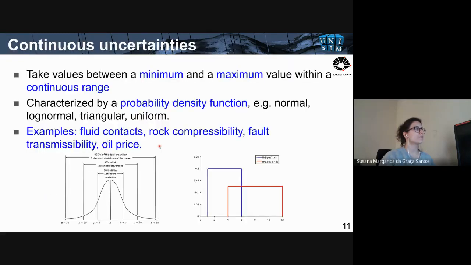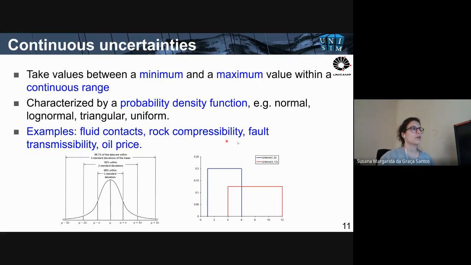So when you talk about continuous uncertainties, this means that they can take values between a minimum and a maximum within a continuous range. For example, fluid contact, the water contact depth, that's a continuous interval.